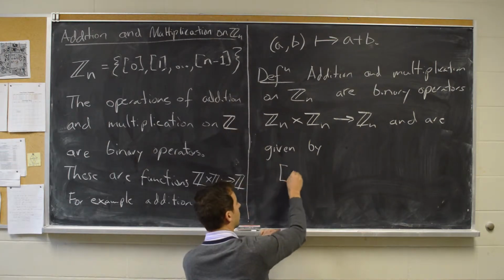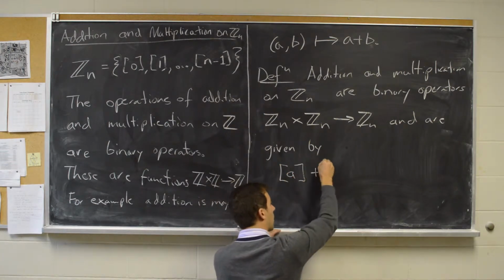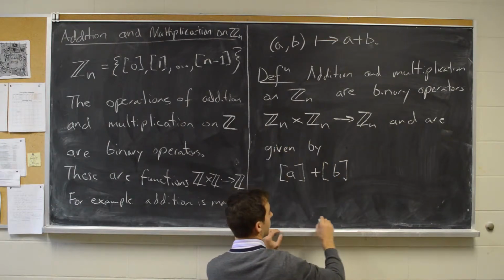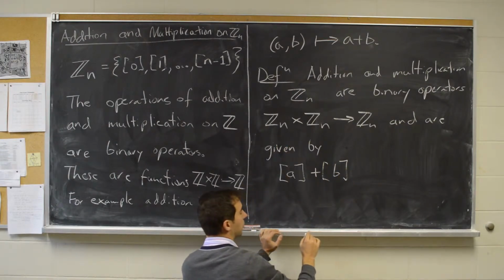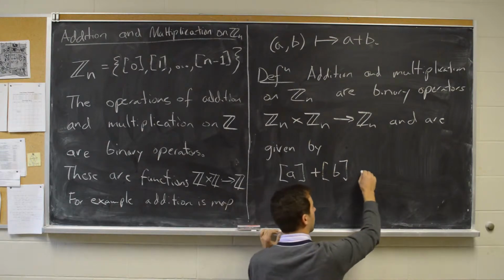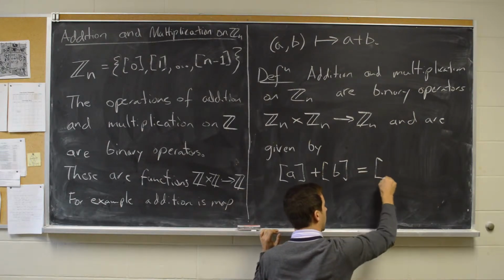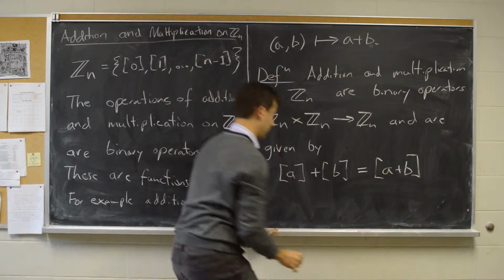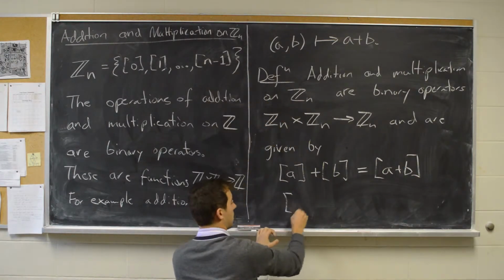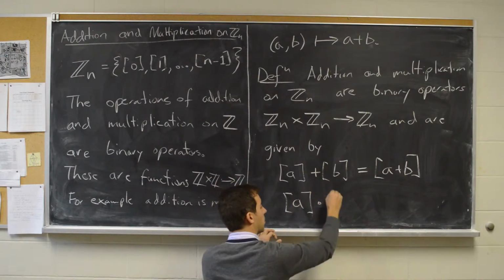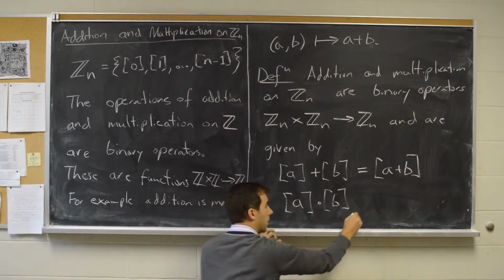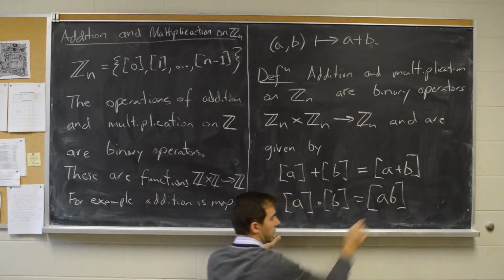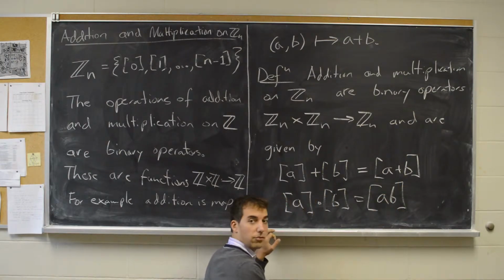So if I take a congruence class A, and I want to add it to another congruence class B, these are what elements of Zn look like. So I'm taking two of these congruence classes as my inputs. When I add them together, I get the congruence class of A plus B. Similarly, if I take the congruence class of A and I want to multiply it by the congruence class of B, I'm going to get the congruence class of A times B, just as regular integers, right?